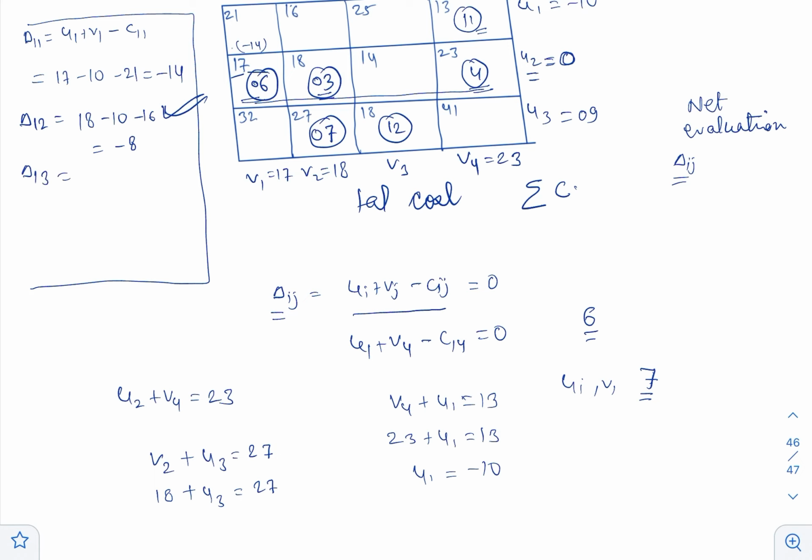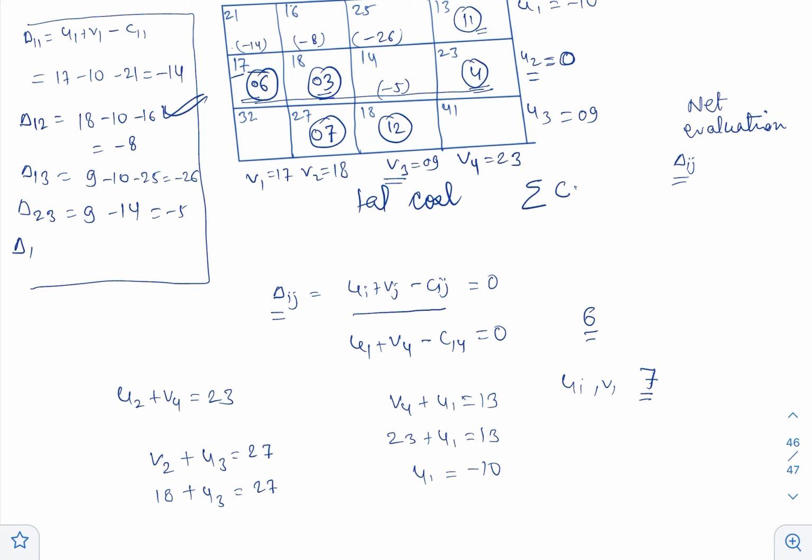For cell 13, we haven't calculated V3 yet, V3 is equal to 0 plus 9, so 9 minus 10 minus 25, which is equal to minus 26. So this is minus 8, this is minus 26. For the cell 23 it is 9 minus 14, which is equal to minus 5.